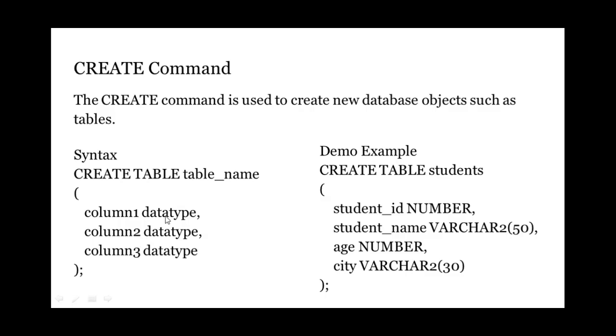Let us consider this example beside create table students. We are creating table with the name students, and in that we will be having data as a student ID, student name, age and city. We are also providing data type, like for student ID we are having number data type, for name we are having varchar2 and with the size 50, age we are having number, and city again we are having varchar2 with size 30.